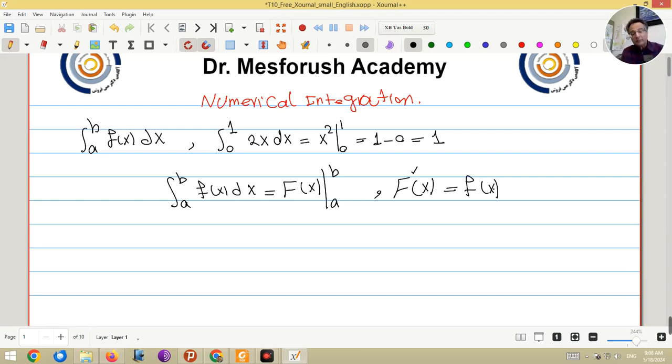But the problem is that in many cases, you cannot find the integration of f of x. In fact, you cannot find a function F such that if you take the derivative of F, you find the little f of x.